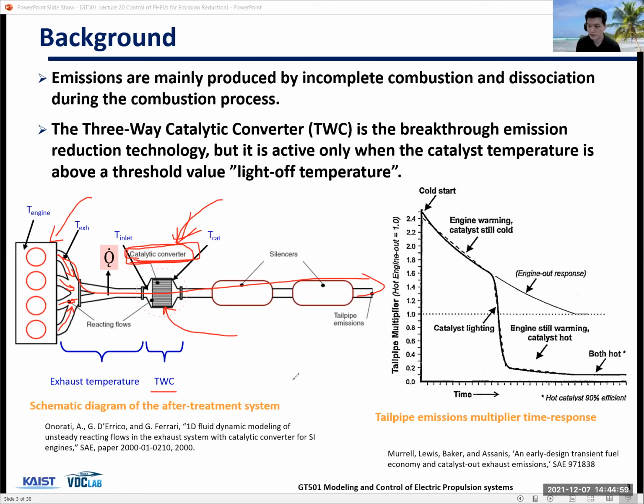Okay. How can we activate this converter? Well, we want to make this converter hot. How can we make the converter hot? Any guesses? I think it's straightforward.